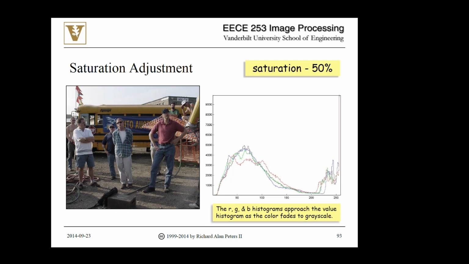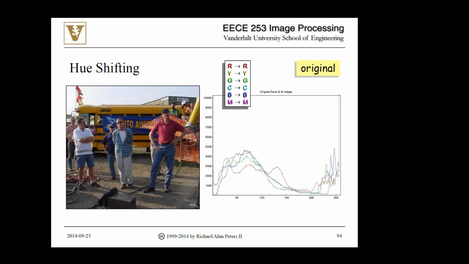The more you decrease the saturation, in the limit, if you set all the saturation to zero, how would the image look? It would be gray. It is not a flat image, it would be a black and white image, but you would see the guys and so on. But it would be gray, because you have no saturation.